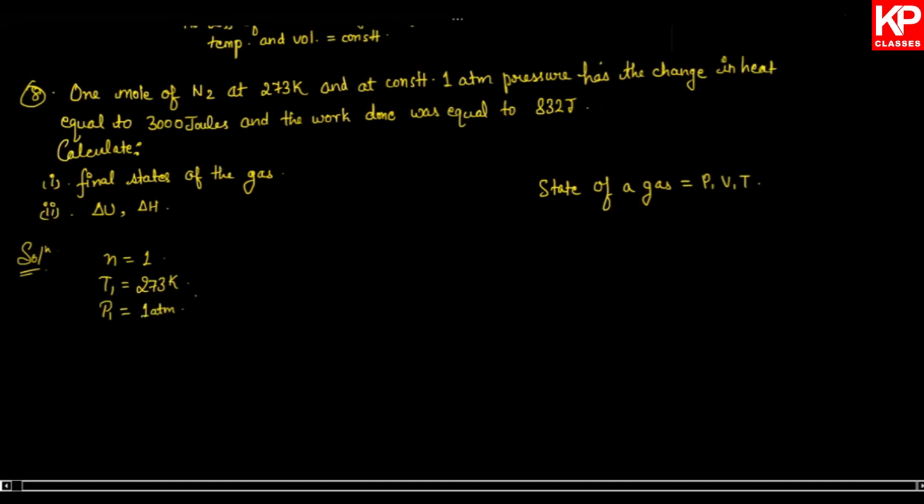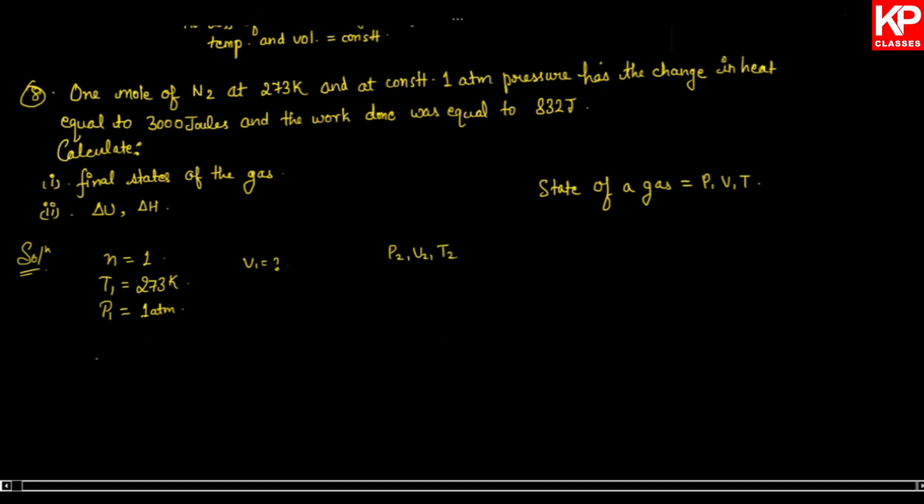We don't know the value of the volume for the present state; V1 is not known. So first we have to calculate V1, and then P2, V2 and T2 in order to get the state of the gas.